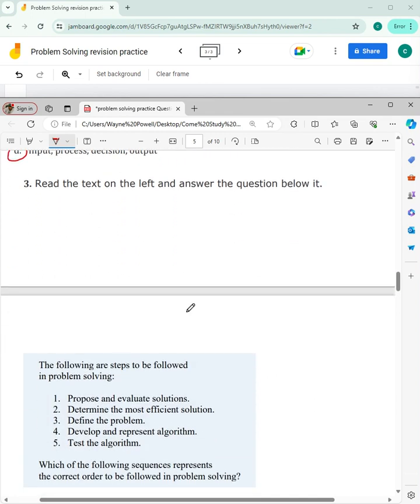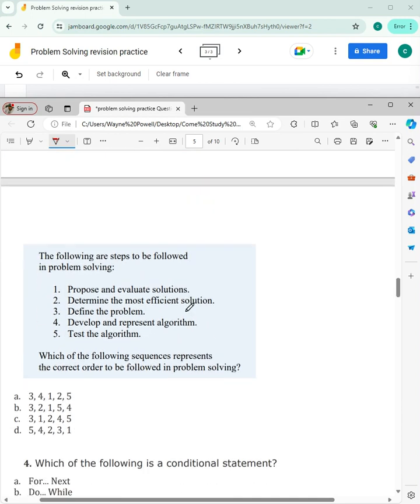Read the text on the left and answer the questions below. It's not on the left, but let's read the text. The following are steps to be followed in problem solving. We're getting another question, so this should be easy. We know the first step of problem solving. It says, which of the following sequence represents the correct order to be followed in problem solving? The first step of problem solving is always to define the problem. So we know that this would be number 1, define the problem. 3 would be number 1. Then after we define the problem, we propose and evaluate solution.